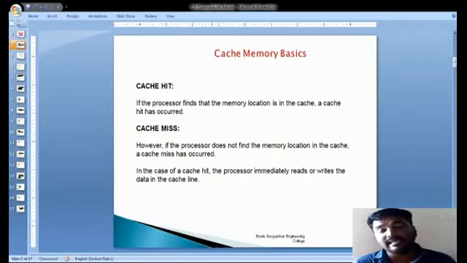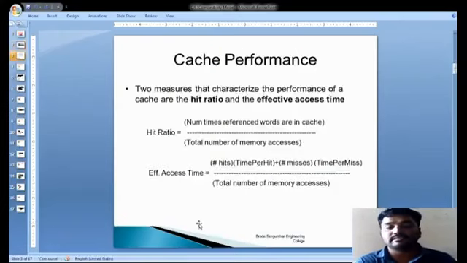In the case of a cache hit, the processor immediately reads or writes the data in the cache file. So the cache memory basic things involve very important constraints. Next, cache performance.